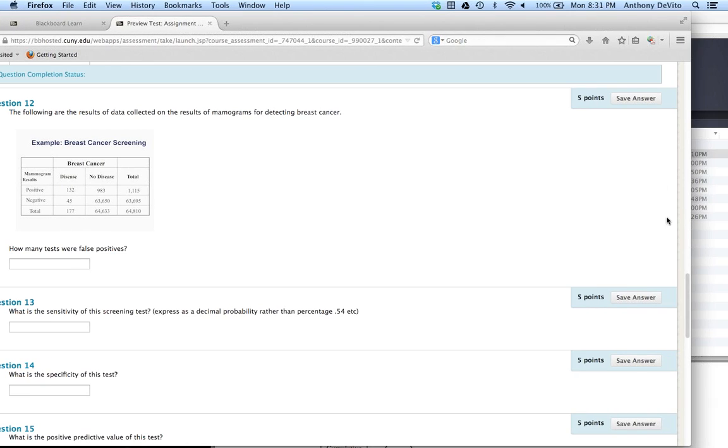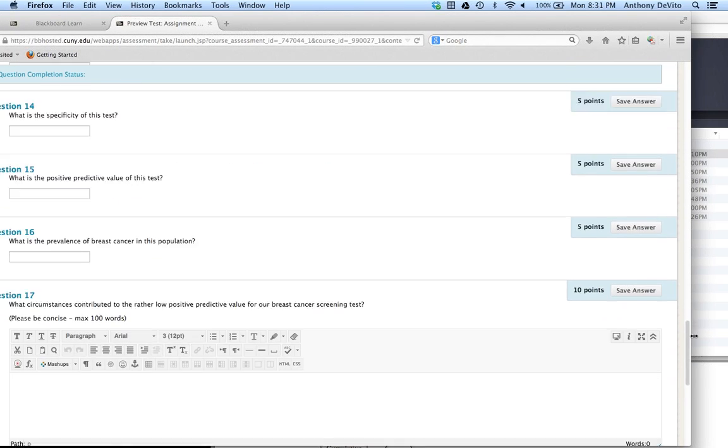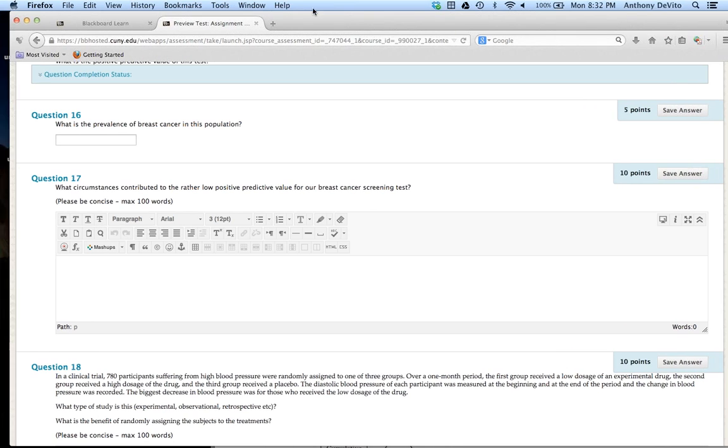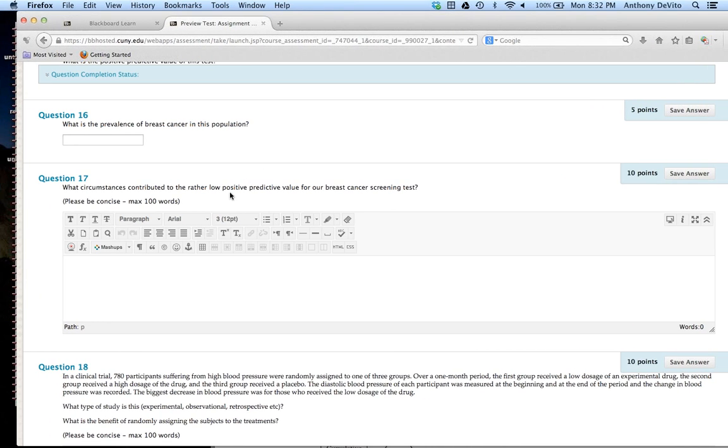And finally, let's take a look at these two questions I asked. What circumstances contribute to the rather low positive predictive value for our breast cancer screening? Now, if you just said, well, the prevalence is very low, and that makes you have a low positive predictive value, I gave you probably 8 points out of 10 for that because you're basically stating the obvious.